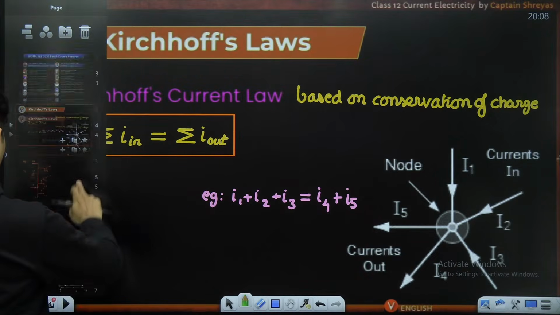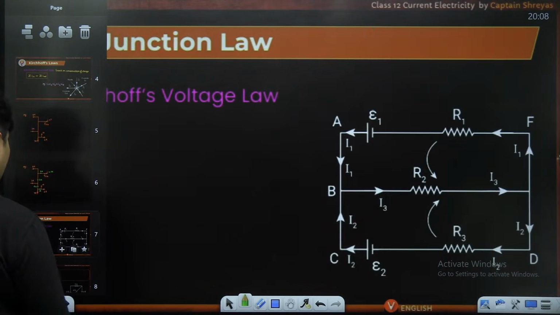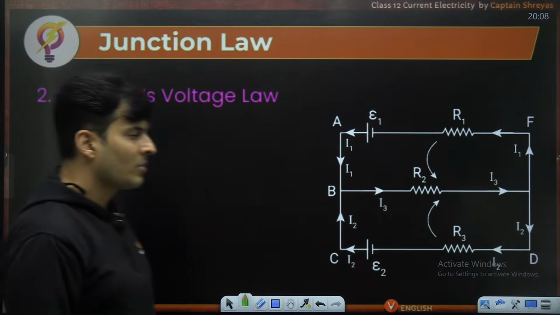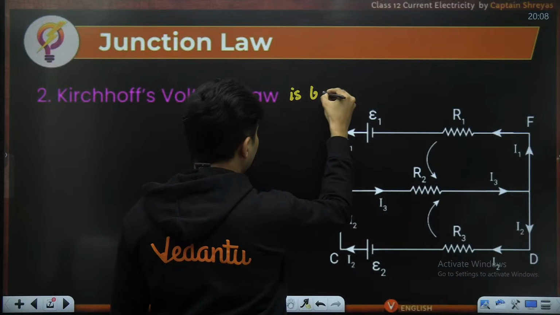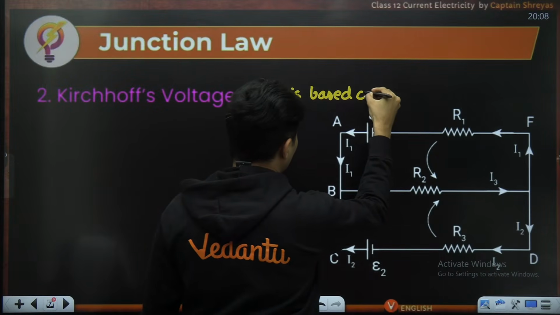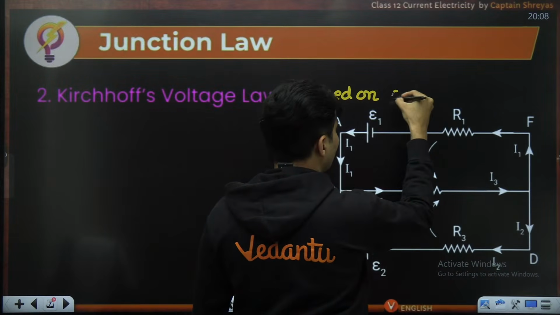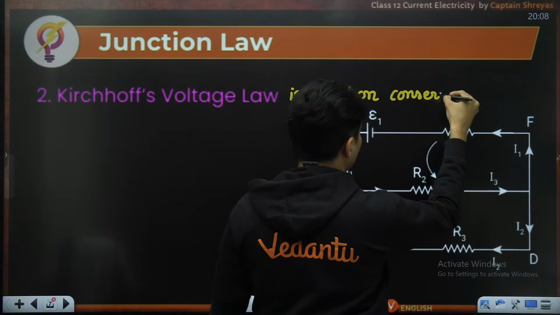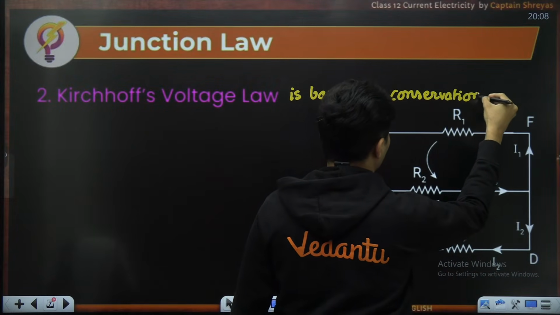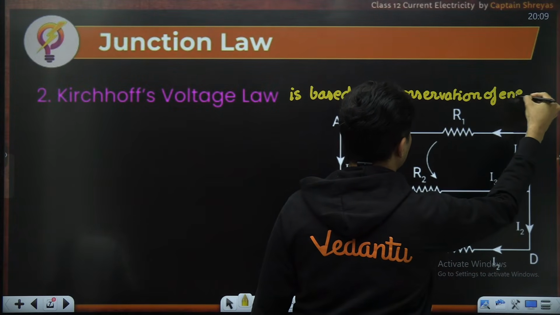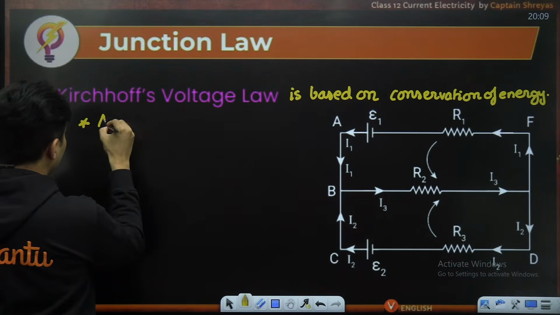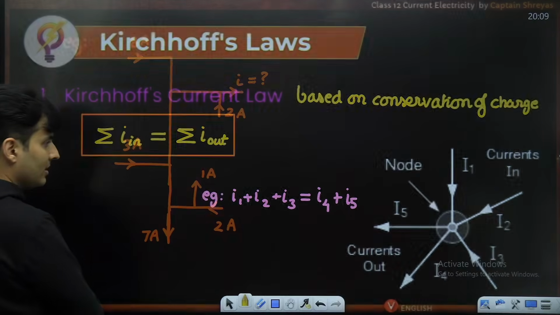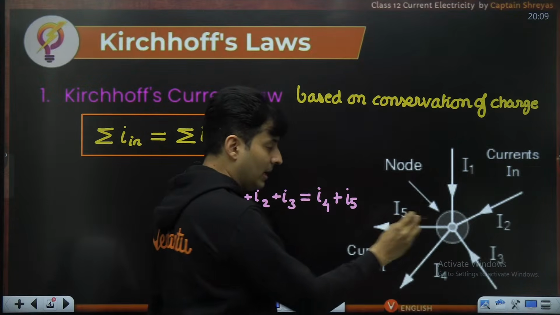Now, let us go to the next concept, which is Kirchhoff's voltage law. This law is based on conservation of energy. Number two, it is not applied at a node.